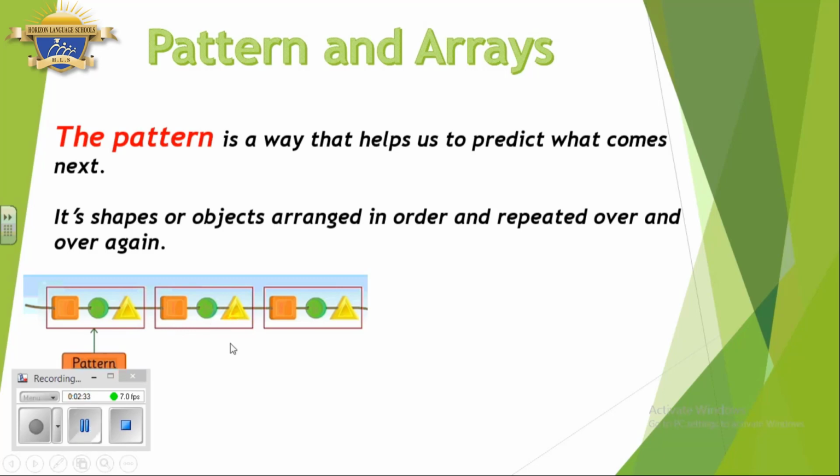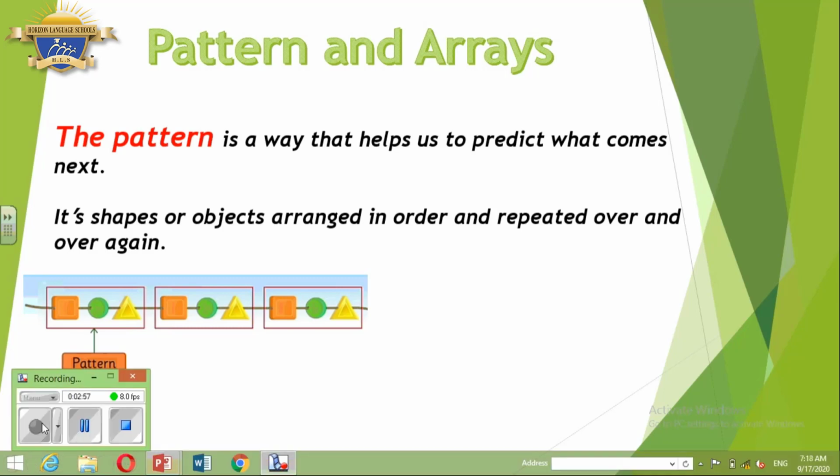Based on the rule we put, can you predict what comes next? It will be orange square, then green circle, then yellow triangle, and we will repeat this pattern over and over again.